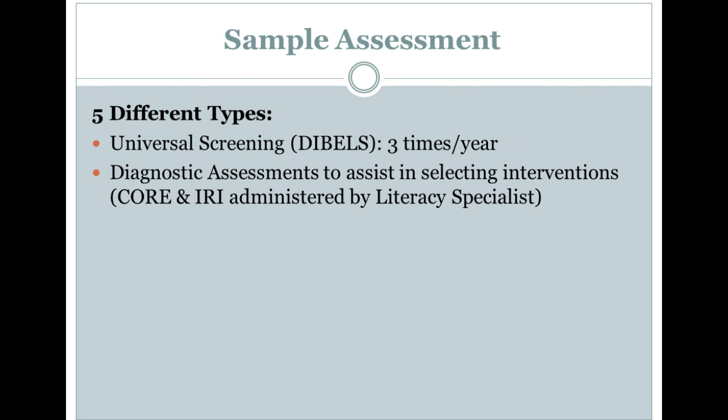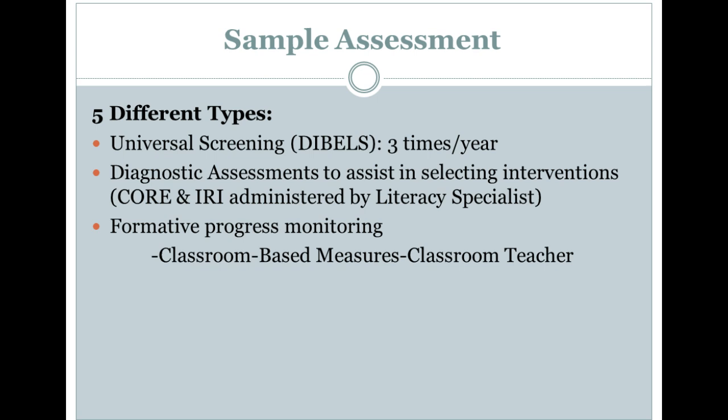For diagnostic assessments, these were used to assist in selecting interventions. So they were administered by the literacy specialist, and I used the core multiple measures for assessment as well as an informal reading inventory. For formative progress monitoring, that includes classroom-based measures done by the classroom teacher.